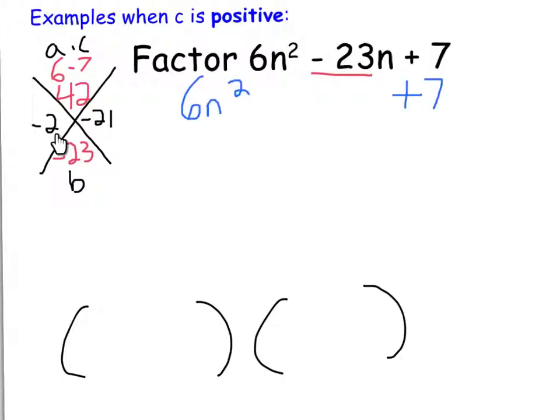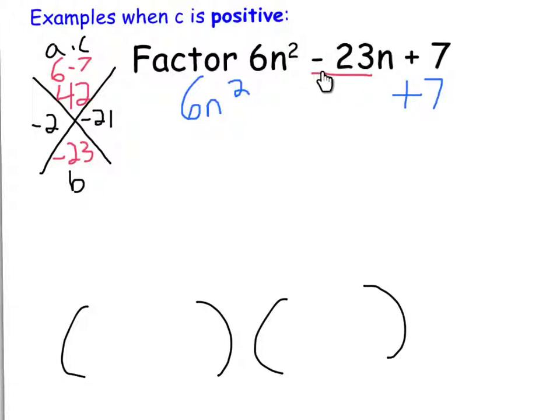Well, I know that 2 multiplied by 21 is 42. But a negative 2 multiplied by a negative 21 will give me positive 42, and I need to be able to add to negative 23. So negative 2 plus negative 21 does add to negative 23. So I'm going to use that to break apart my negative 23n.